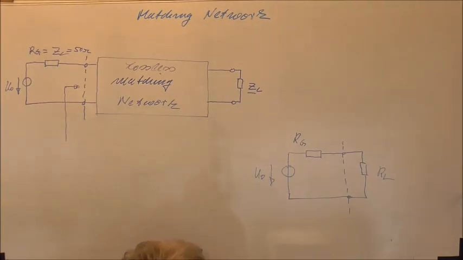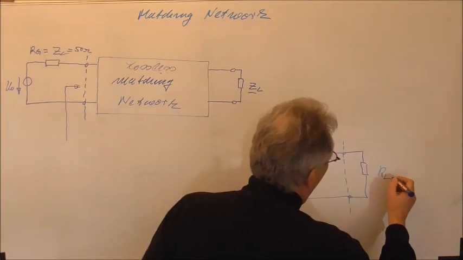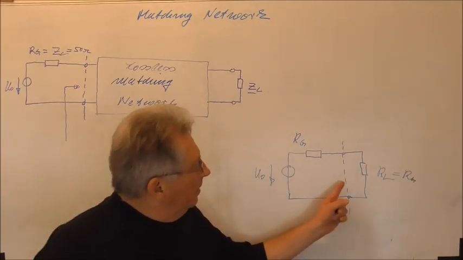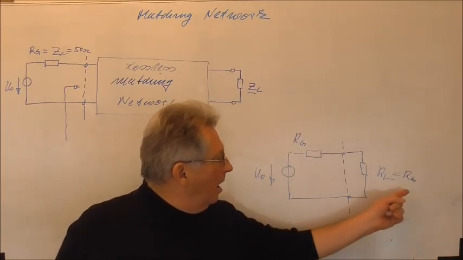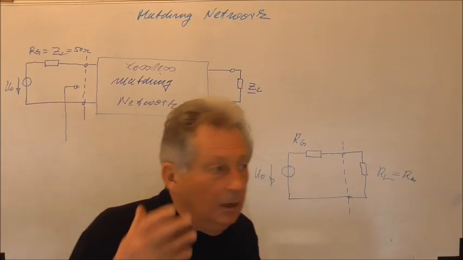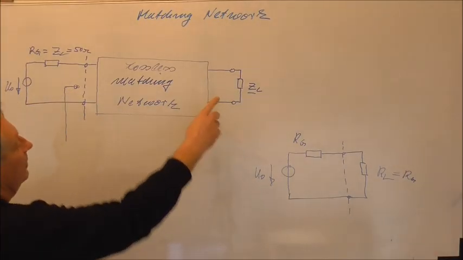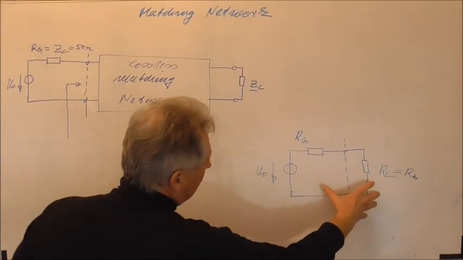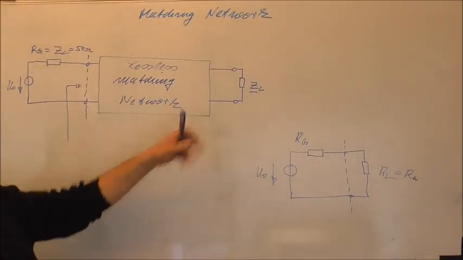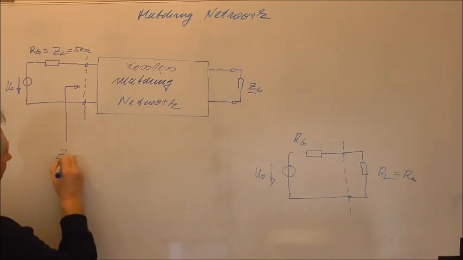We choose RL to be equal to Rg. This is correct. So we choose RL equal to Rg, then I can get the maximum out of my source here. And this we call, in principle, matching. So if I translate this question or this situation to this, what value must the input impedance have?